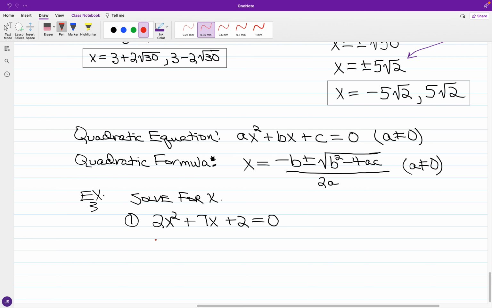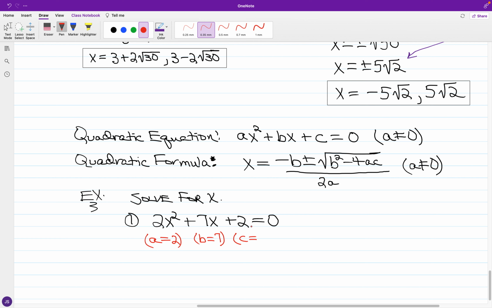To see if we have any solution, first of all, we can go with the quadratic formula. Representing a will be the x squared term coefficient. So a is equal to 2. And since we have a positive 7x, we have that b is equal to 7.